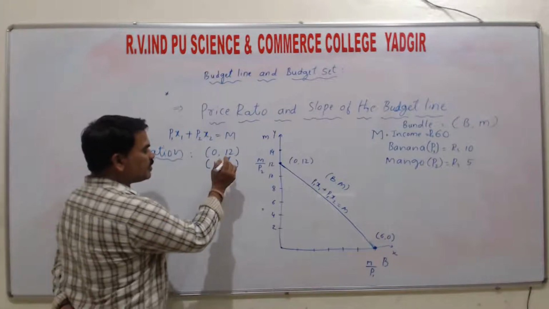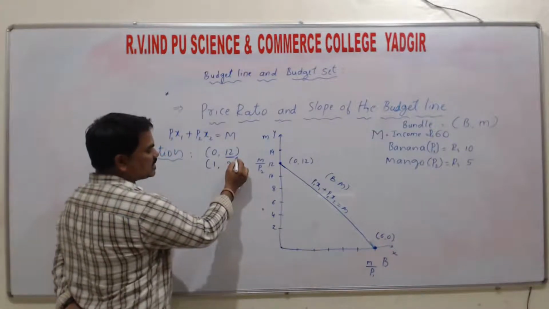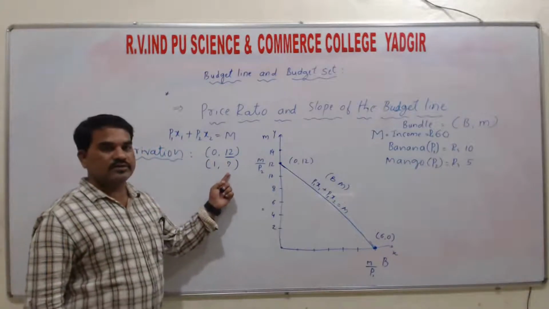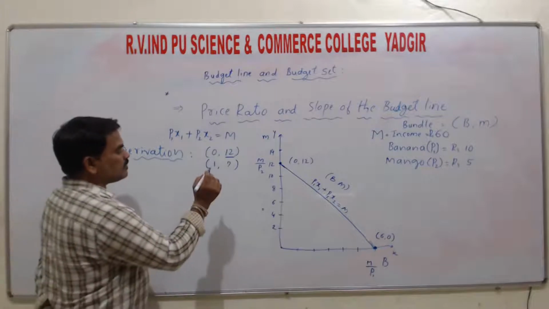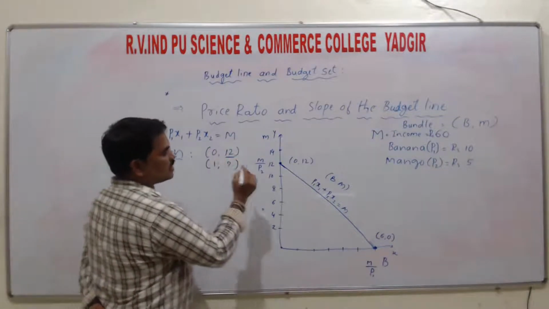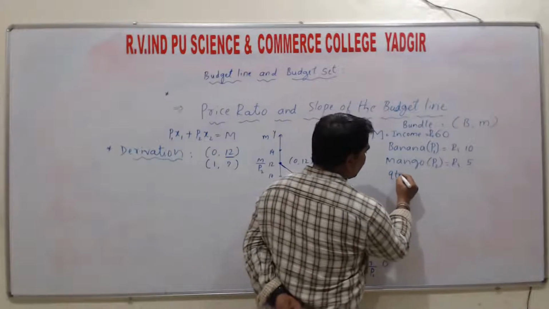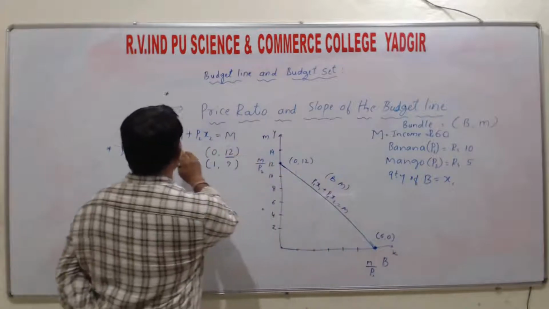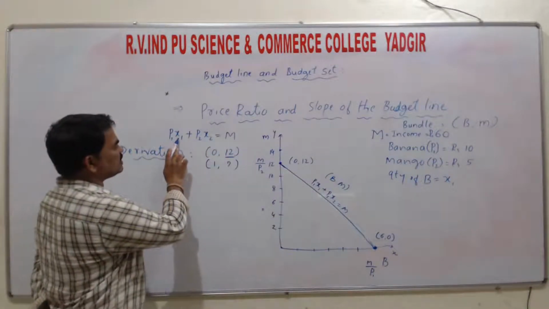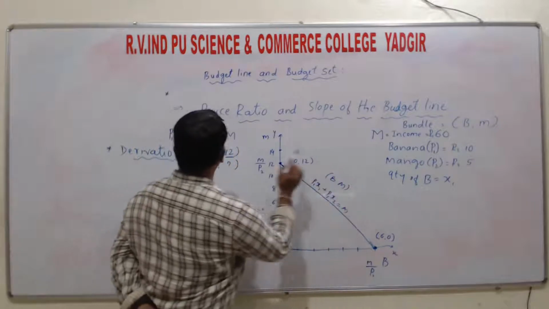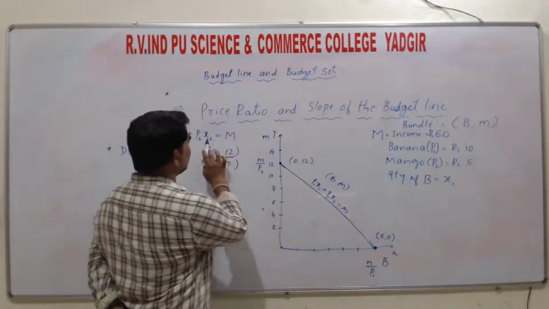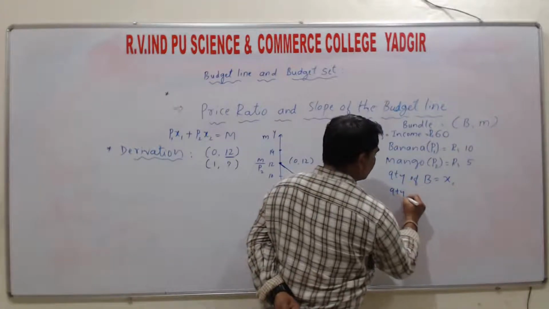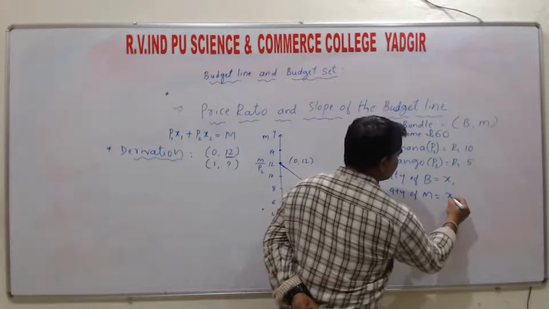We need to find out. We know already 12 mangoes he has. So what is the quantity he has to forego? How much does he have to reduce? So that quantity, we mention the quantity of banana as x1. Here P1 is the price of banana, x1 is the quantity of banana, P2 is the price of mango, and x2 is the quantity of mango. So the quantity of banana is x1, the quantity of mango is x2.